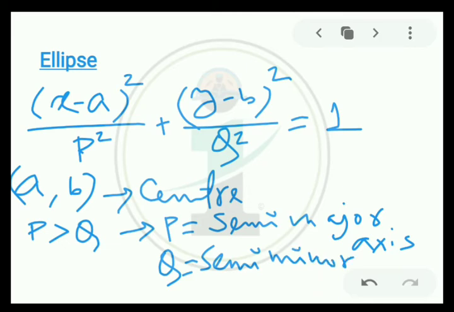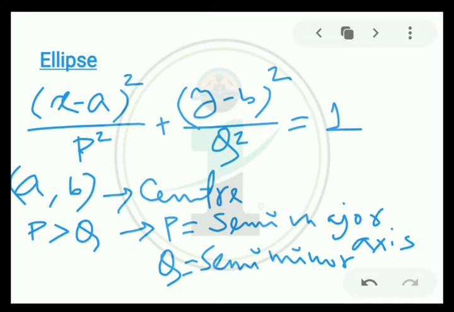So please note that if p is greater, then p is the semi major axis and q is the semi minor axis, and if q is greater than p, then the reverse is true. That is, q will be the semi major axis and p will be the semi minor axis.